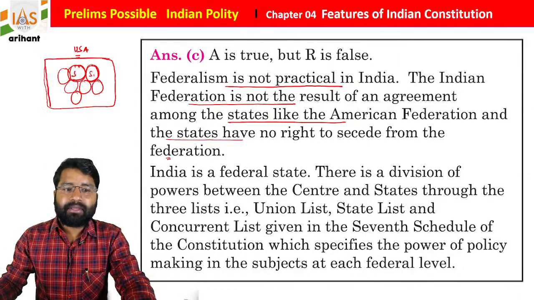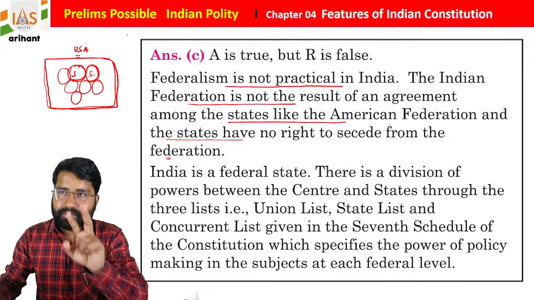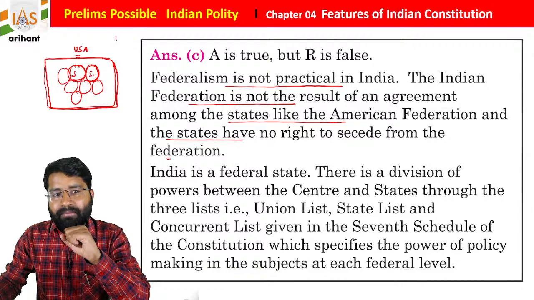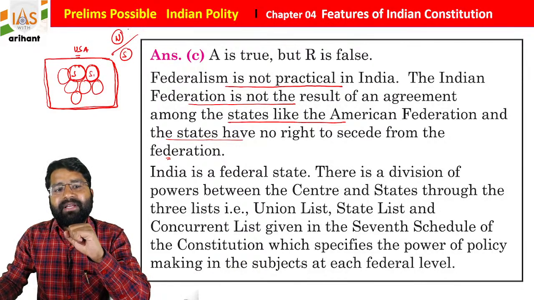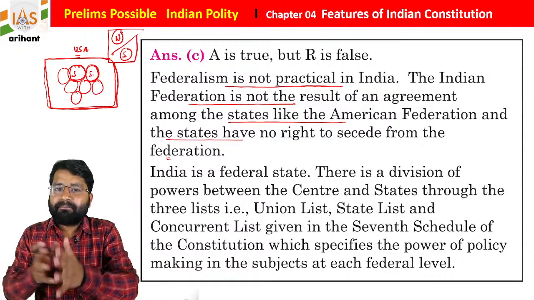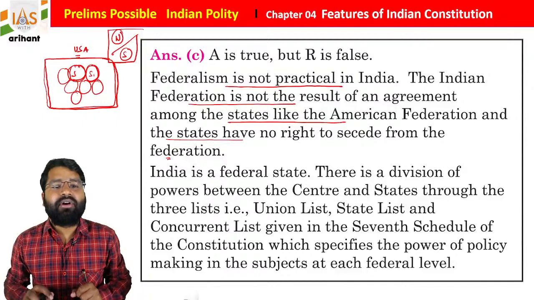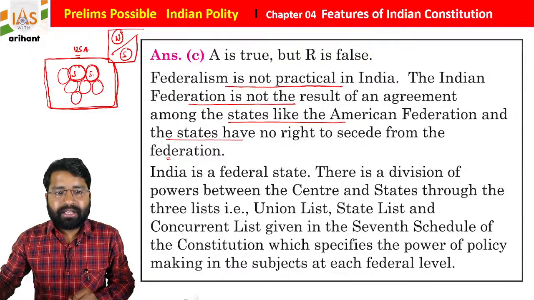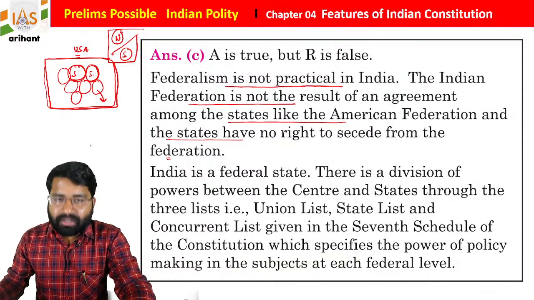Okay, so this type of structure where two types of rules run, one by the nation and another by the state, with a clear separation between the power of nation and state, or union and state, is called a true federal. So if they wanted to be separate, it is not possible here. But what about India?